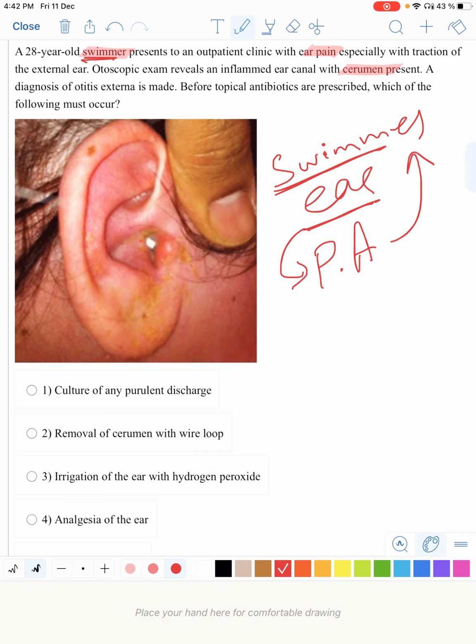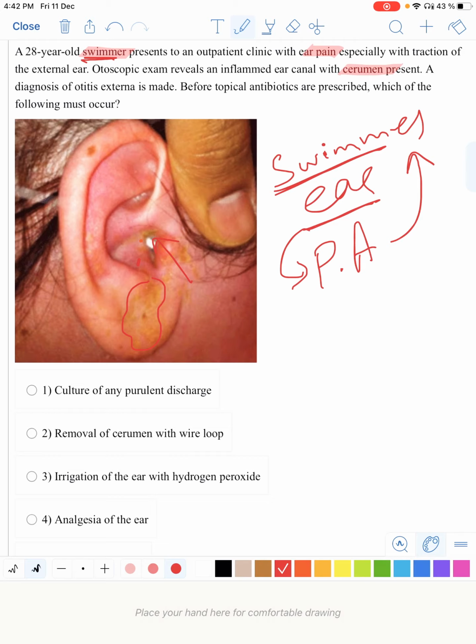Here we can see crusting and mucus. They are asking, for this patient suffering from otitis externa, what we need to do before prescribing antibiotics. We need to clear the pus or debris from the ear.